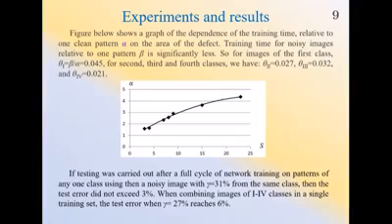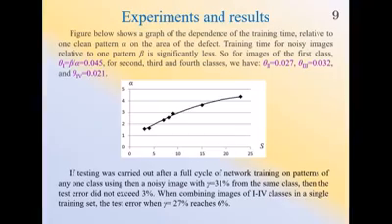The figure on slide 9 shows a graph of the dependence of the training time relative to one clean pattern alpha on the area of the defect. Training time for noisy images relative to one pattern beta is significantly less. So, for images of the first class, the ratio of beta to alpha is equal to 0.045.